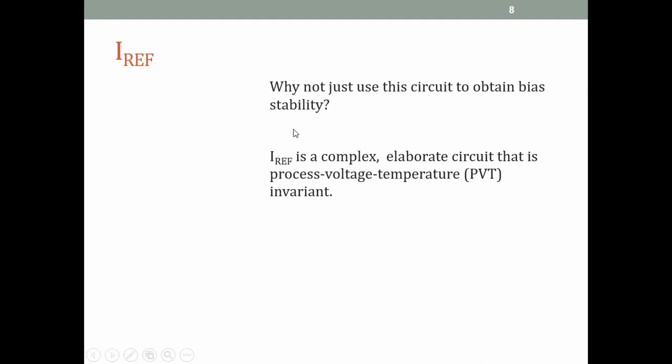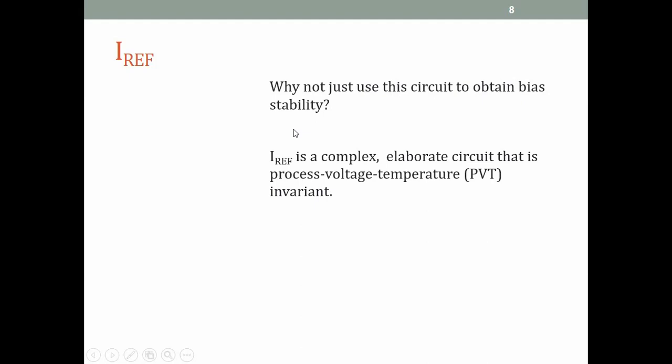This is something you may see next semester if you take the advanced analog design course. Razavi in the second edition discusses these constant current references in the 12th chapter, which is on reference voltage and current sources.